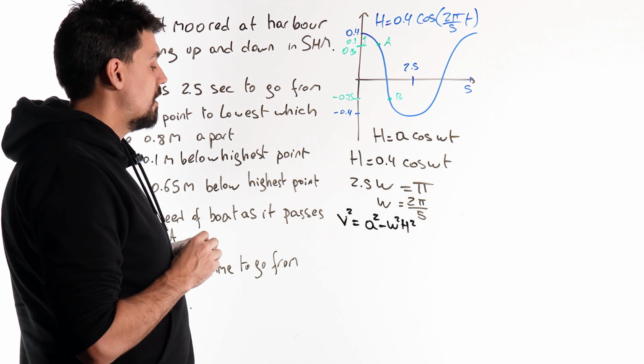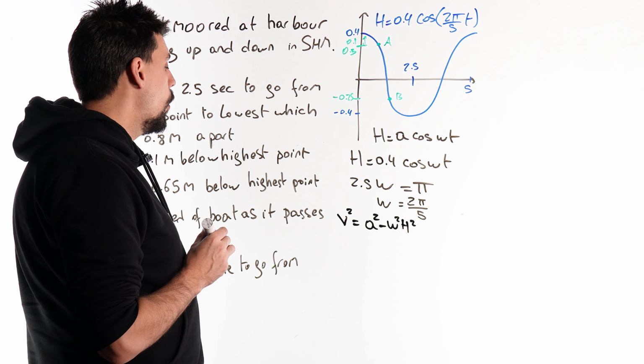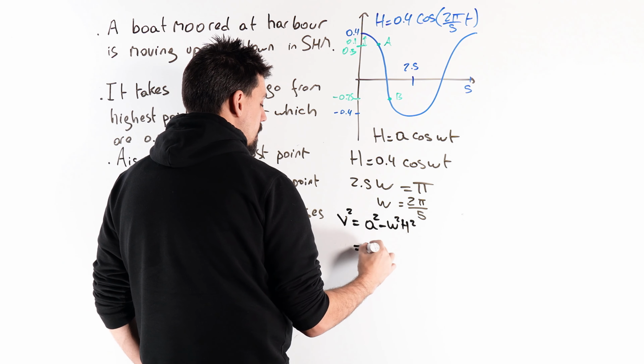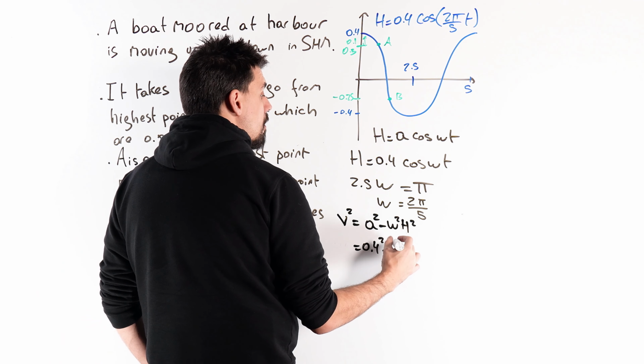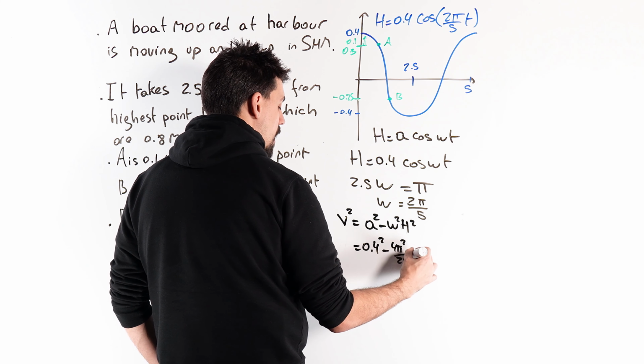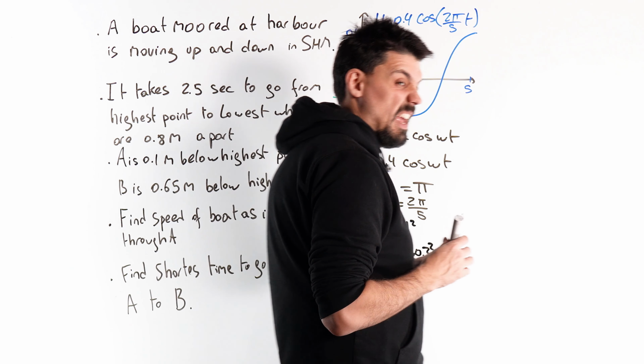Okay? Fairly nice and chill, simple harmonic motion. So we want to know what's going on at 0.3. So we get 0.4 squared minus 4 pi squared over 25 times 0.3 squared, and we're just going to have to calculate that.